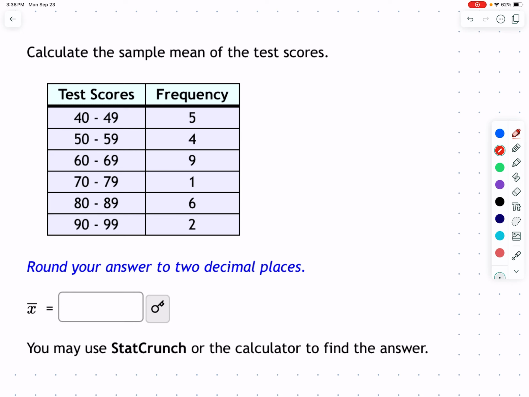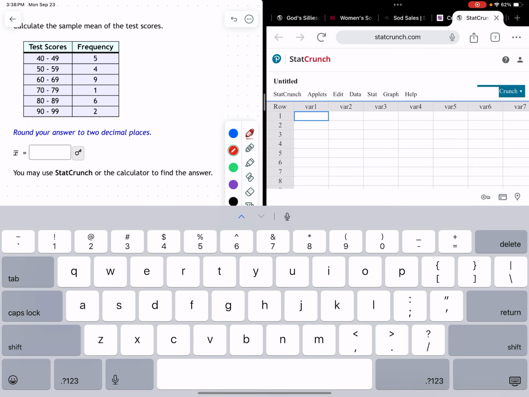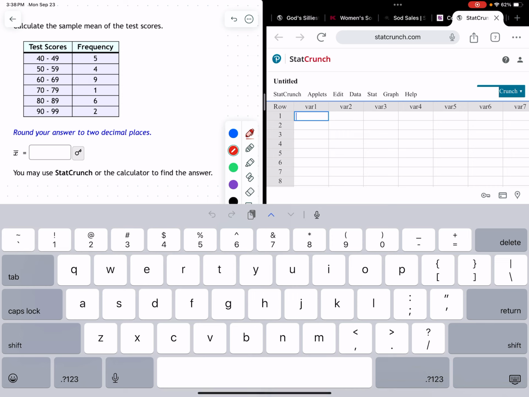In this frequency table, you were asked to calculate the sample mean of the test scores. We could do that by hand, but I don't want to. If you want to do it by hand, it's totally fine.